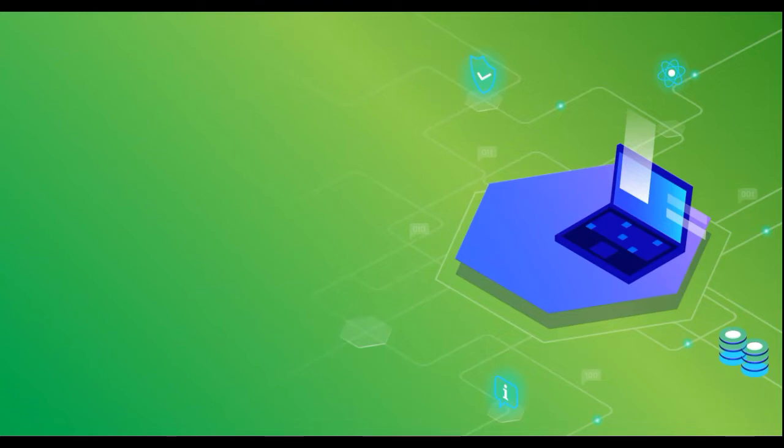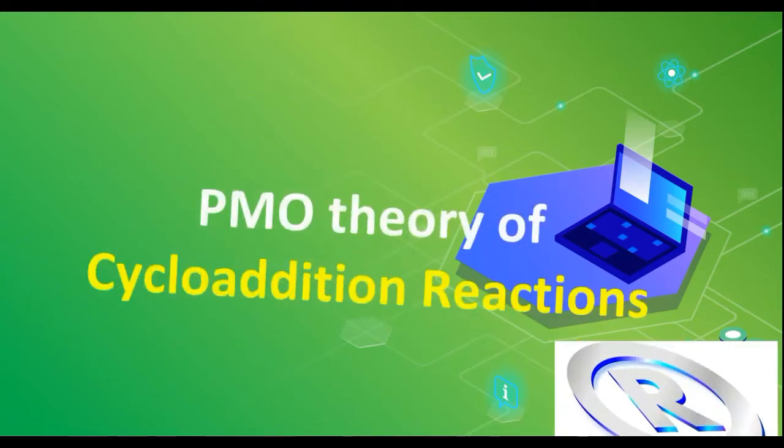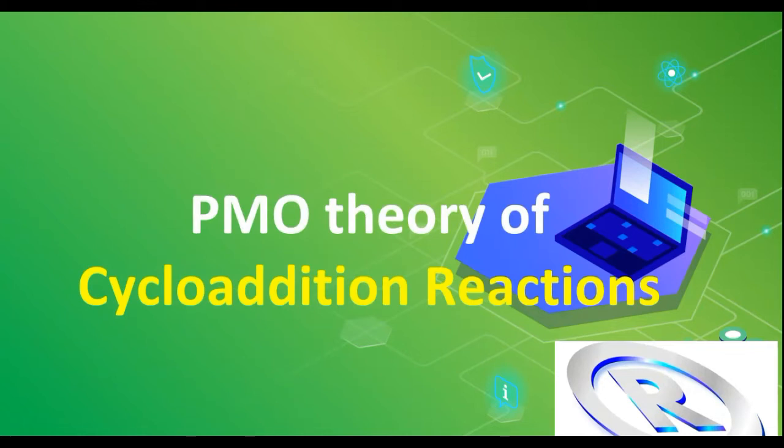In this video, we are going to discuss PMO theory, perturbation molecular orbital theory, or aromatic transition state theory for cycloaddition reactions. Here, we already discussed that the PMO theory is mainly based on the nature of the transition state.